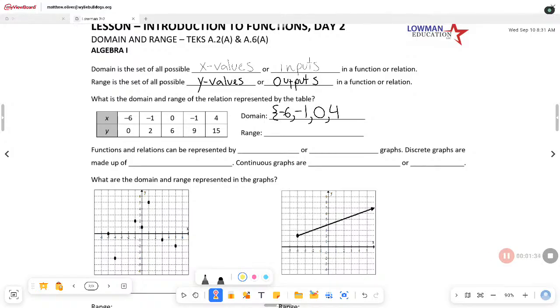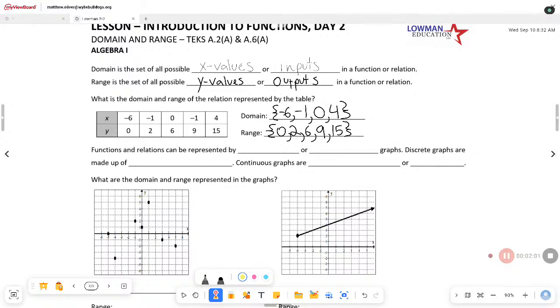And I've got a -1 twice, but I'm only going to put it once on here. Then for the range, I'm going to do the same thing with all the y values. So in brackets, 0, 2, 6, 9, and 15.